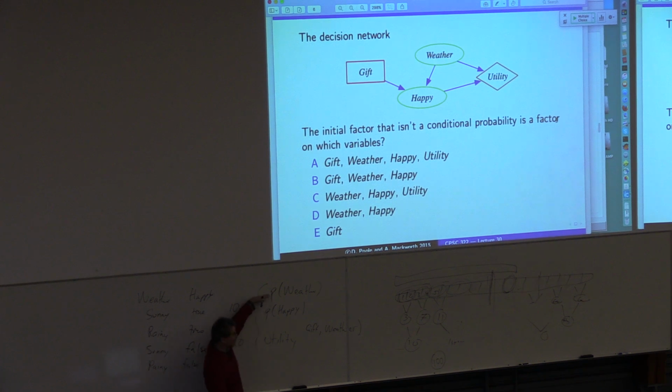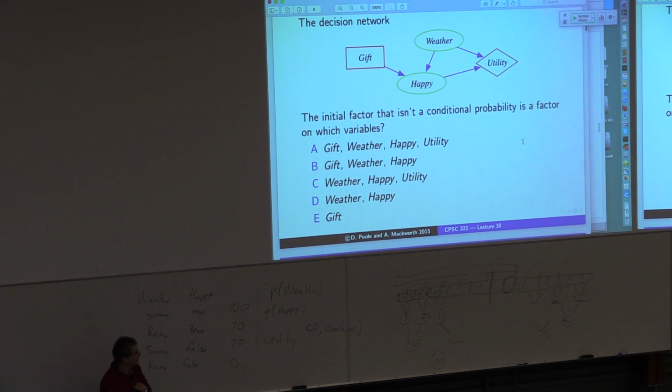There are probabilities and there are utilities. There's one utility. I'm providing it as part of the model. I have to provide this, this, and this. So the three factors I have to provide.